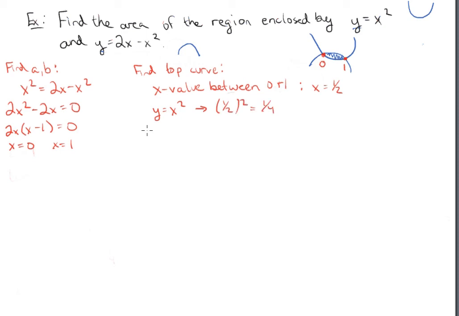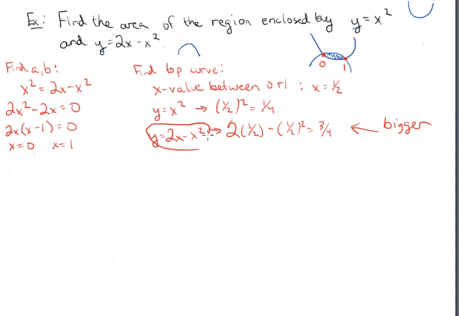That's a fourth. Y equals 2x minus x squared, I get 2 times a half minus a half squared. That works out to 3/4. That one's bigger. So this is the top curve.